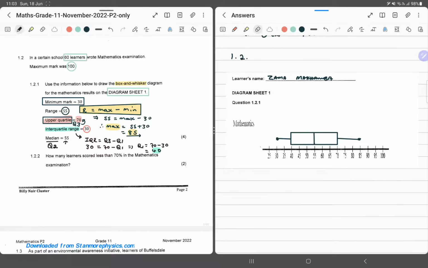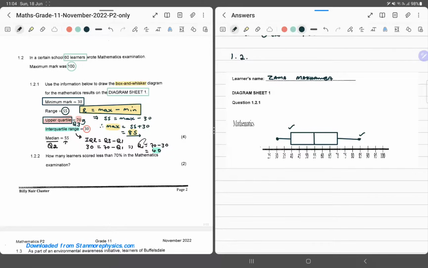We are done. So what did we have to determine here? You really had to determine the minimum value, because the Q1 was not given, and we had to determine the maximum value. And what else did we have to use here?